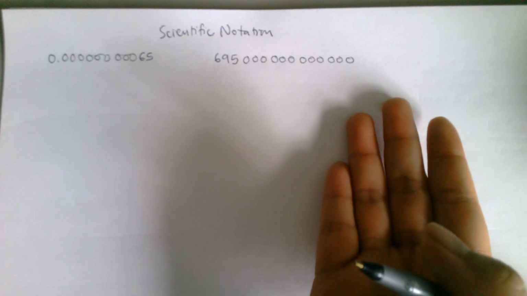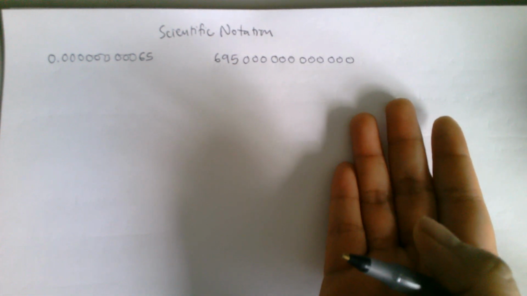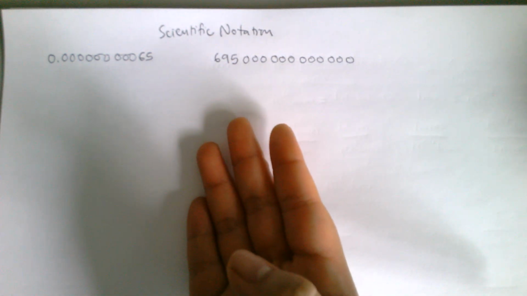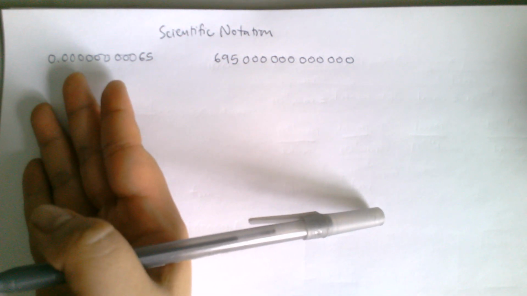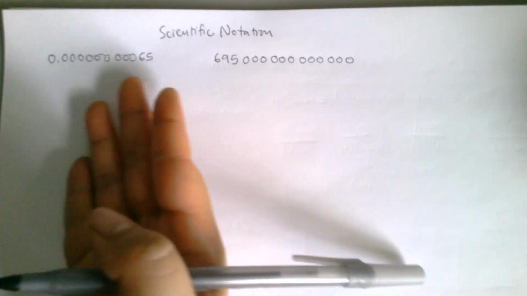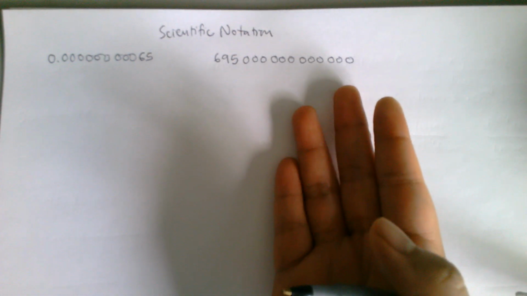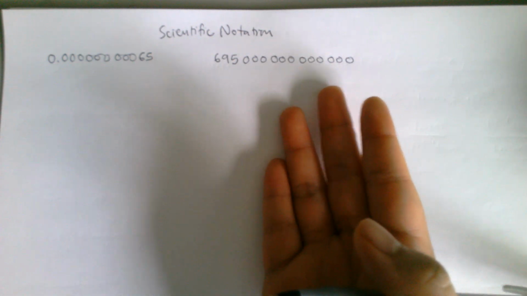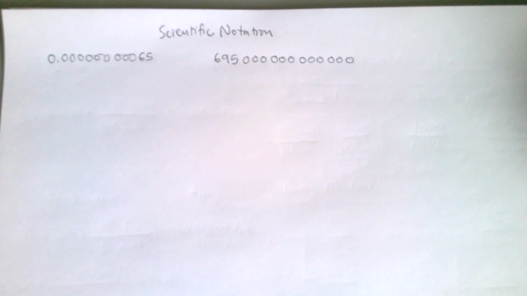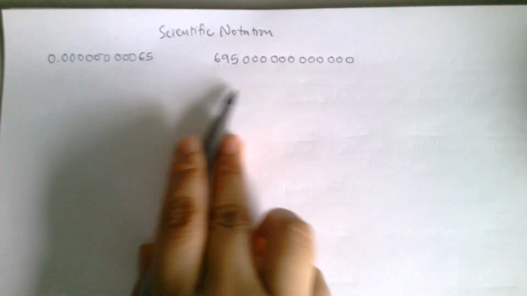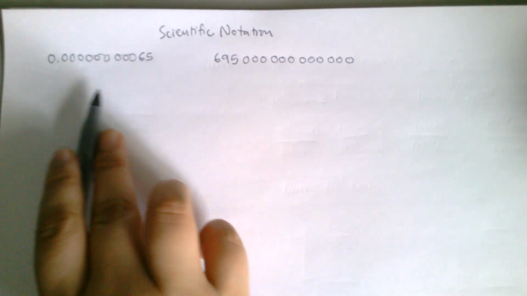We don't want to write all of these zeros all the time, especially in biology, where the number of atoms or molecules can be extremely small, or we can go into the number of a population, which can be extremely big. So, how do we simplify these numbers?